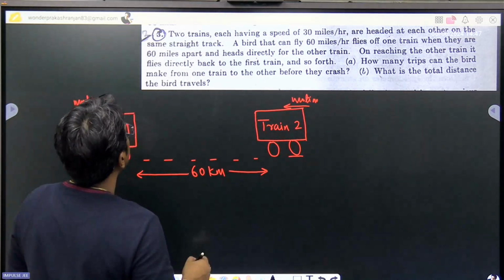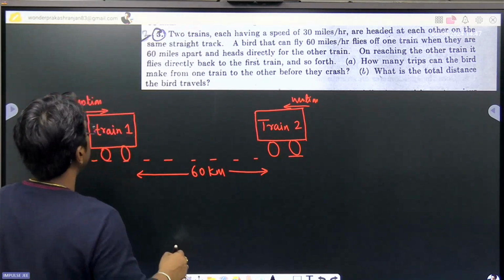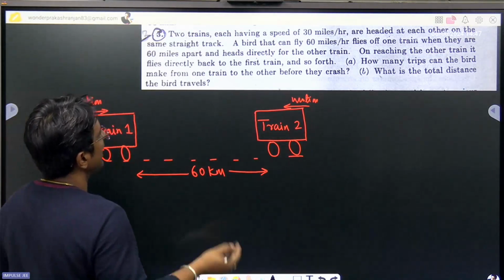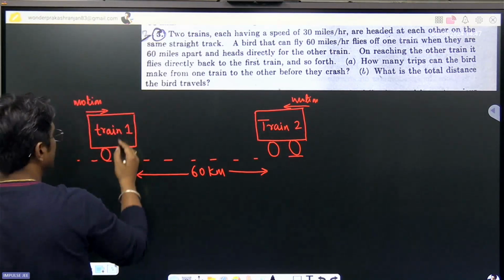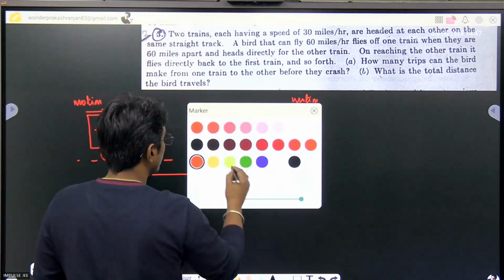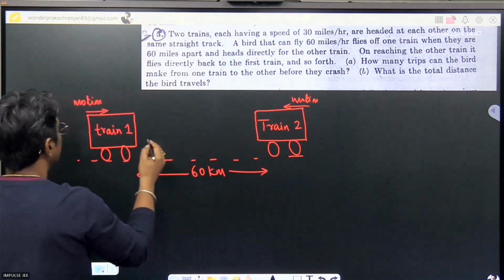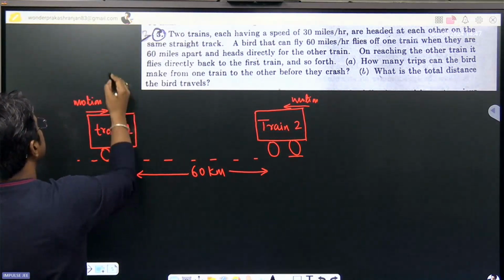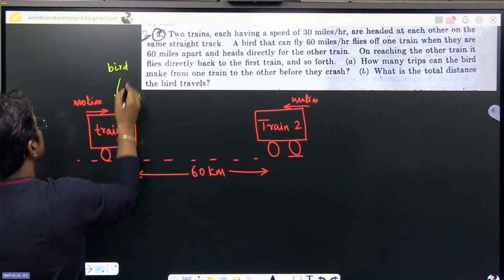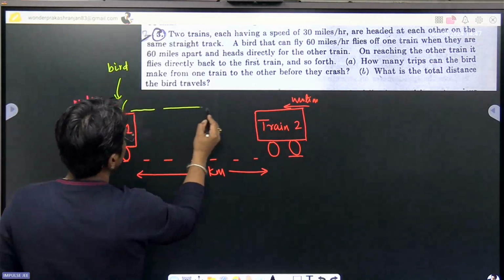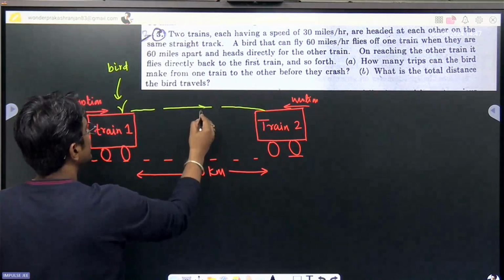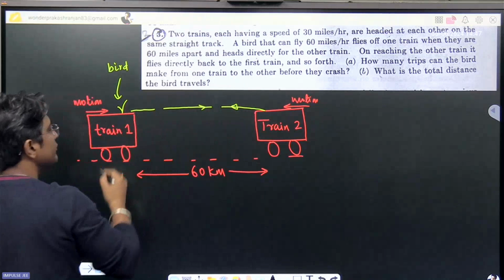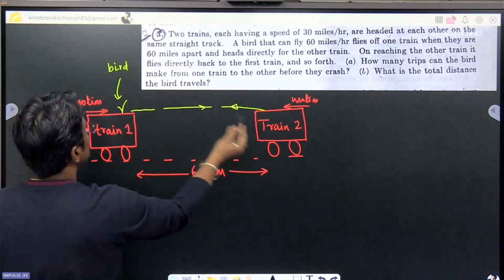On reaching the other train, it flies directly back to the first train. Means there is a bird on this train 1. Say this is bird. This is flying from here to this train 2 like this, and again coming back from train 2 to train 1, and so forth.